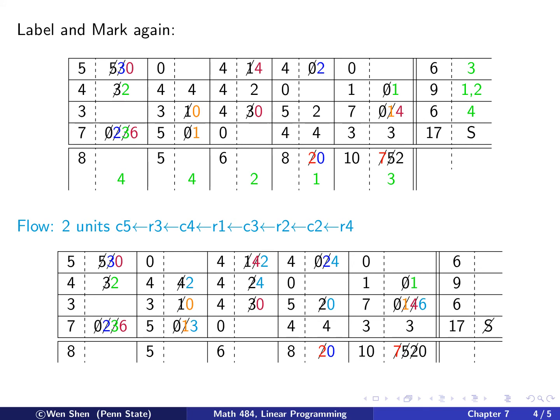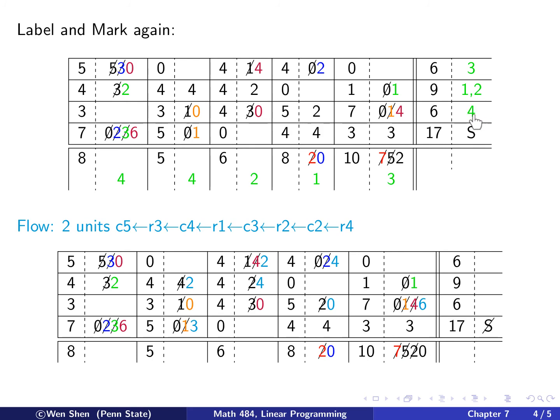Okay, so here, let's go through. So here the flow is indicated, but we can easily go through here and figure out how we get this. So we want to move things to column 5, and column 5 is marked as R3, so it's connected to R3, comes from R3. Then let's look at R3.